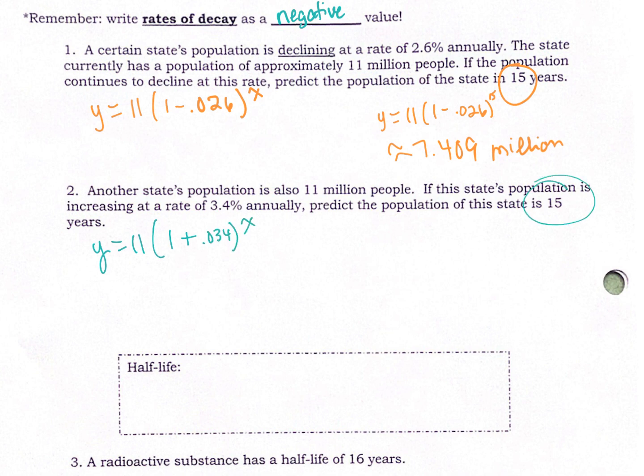And once again, we're looking at 15 years. So y is equal to 11 times 1.034 raised to the 15th power. Let's plug that in. What do we get? 18.16. Let's go to 3 places. So 18.164 million. I like it. Thanks, Claire.